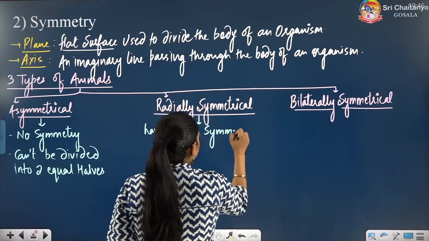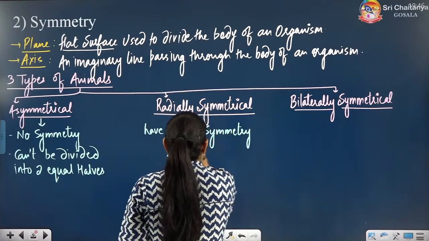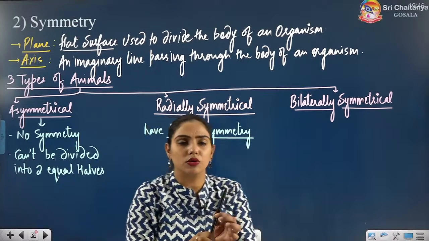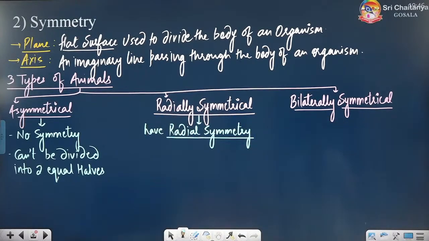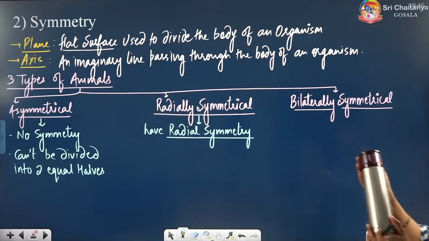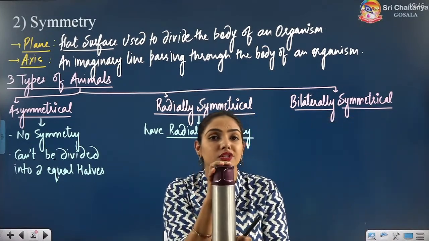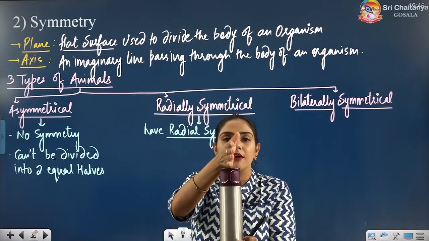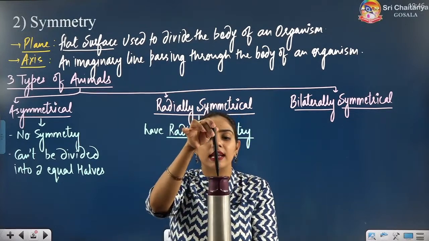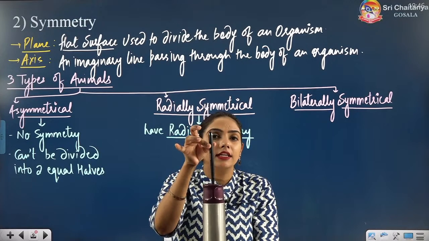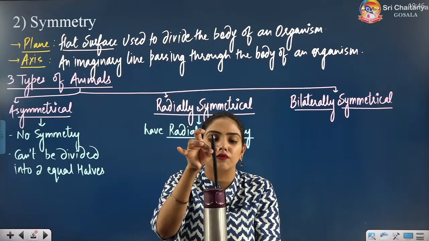And what is radial symmetry? Let us suppose I use this bottle. Just look at this bottle. This is showing a kind of radial symmetry, in which if we assume one line in the center, that is going to be the central axis of the body.